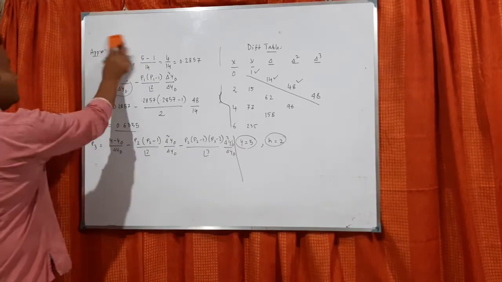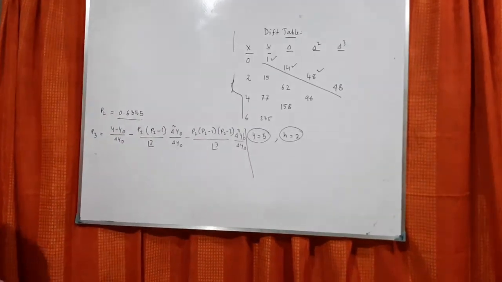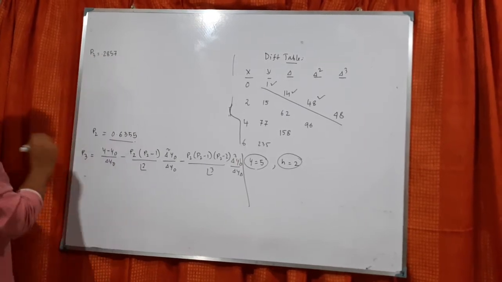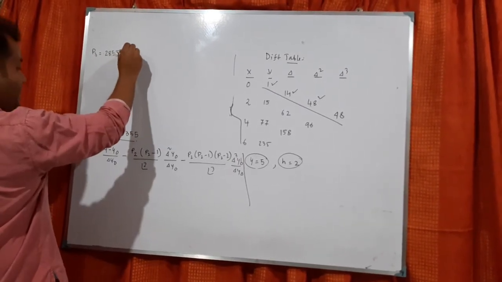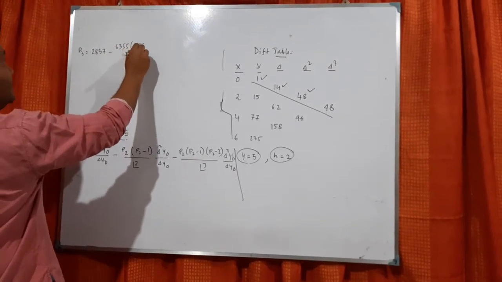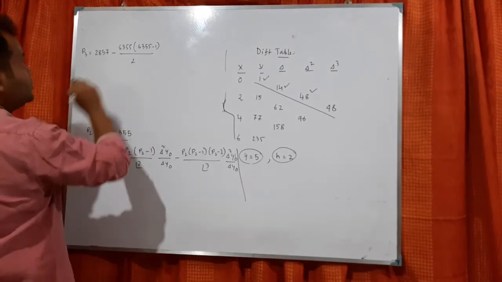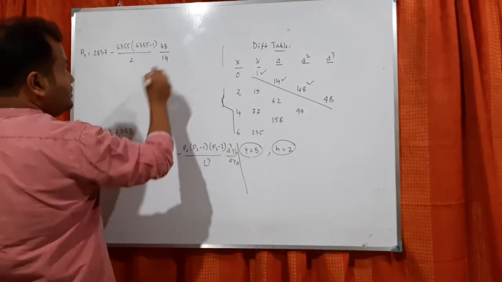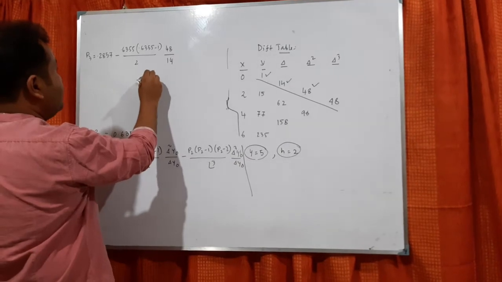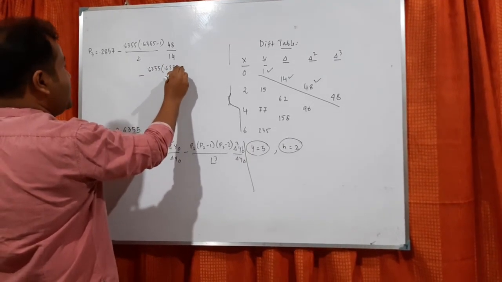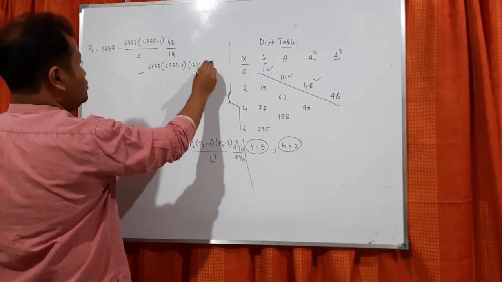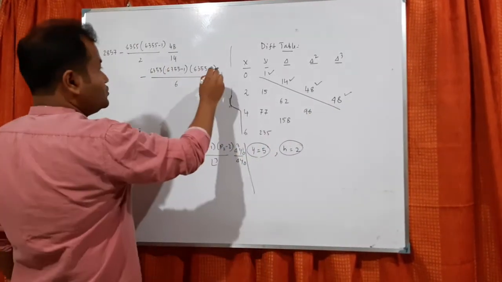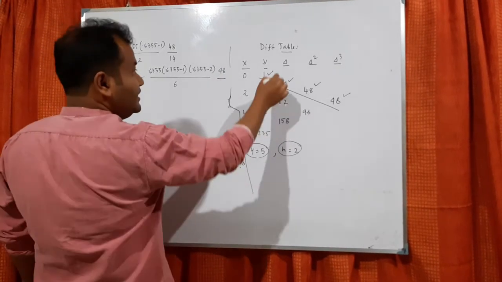If you put in the values, this will be 0.2857 from P1, minus 0.6355 into 0.6355 minus 1 divided by factorial 2, which is 2, delta square 48 divided by 14, minus 0.6355 into 0.6355 minus 1 into 0.6355 minus 2 divided by factorial 3, which is 6, then delta cube 48 divided by delta y naught, 14.